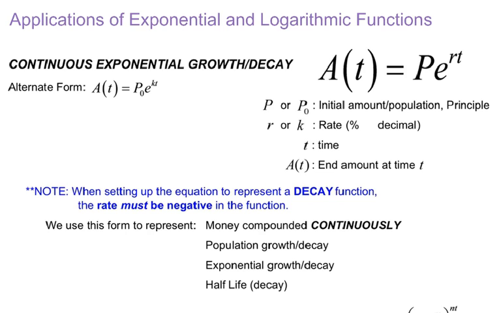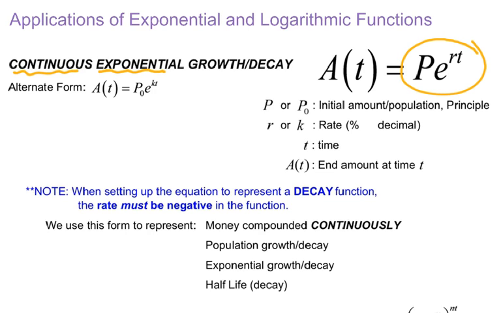So today we are going to talk about continuous exponential growth. So when you see words like continuous, exponentially, population, half-life, those are all going to indicate to us we're going to be dealing with this PERT formula over here.